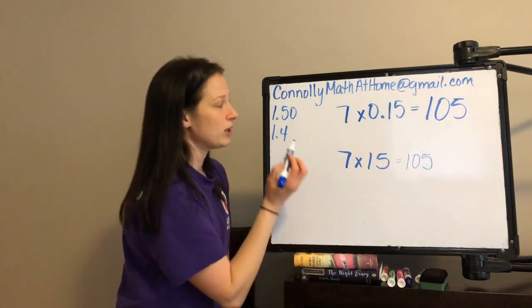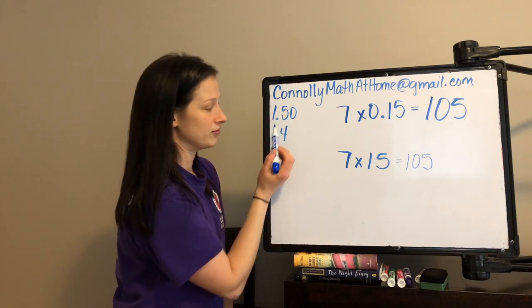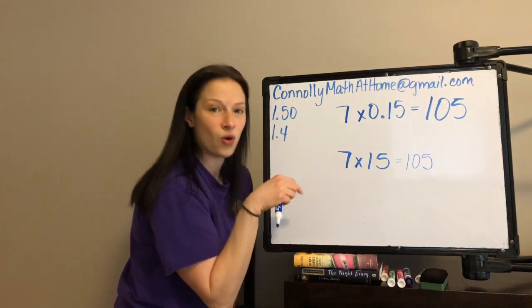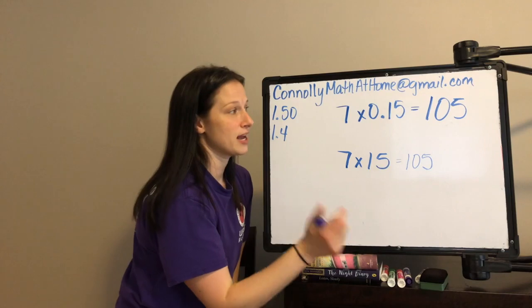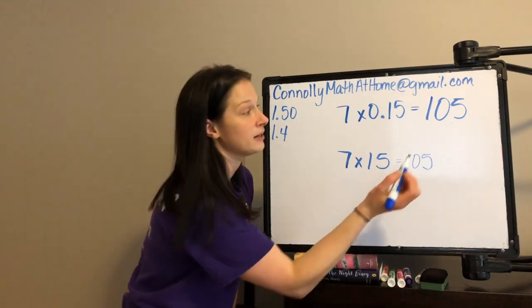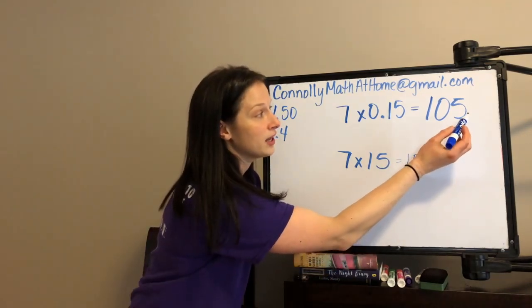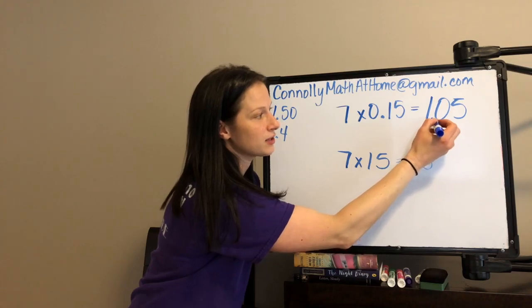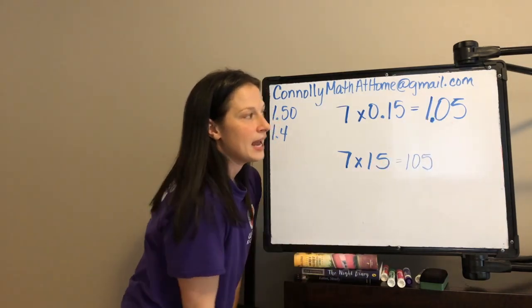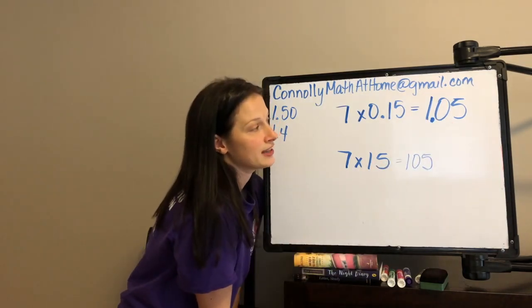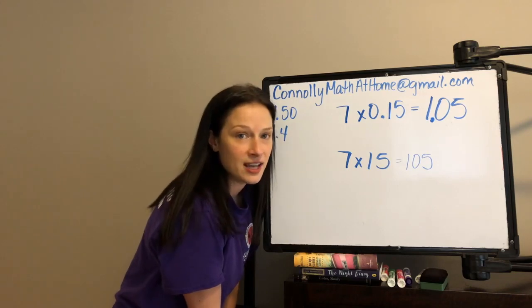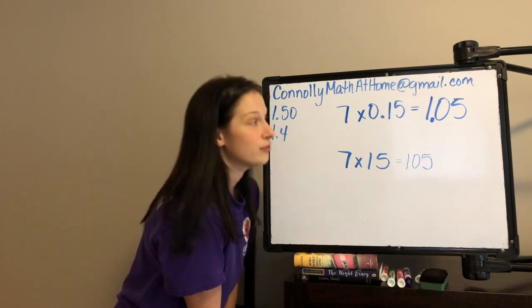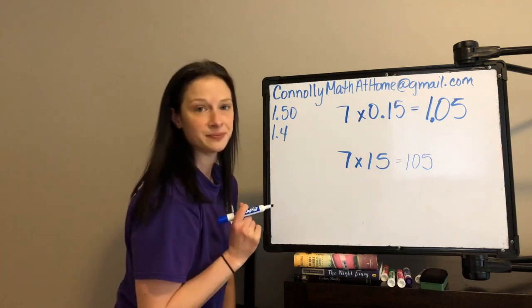All right, we want something that is 1 and 50 hundredths, 1 and 4 tenths, or lower, because we know we rounded up when we estimated. Sorry. So we are going to see if the decimal works there. And I'm wondering if you think that 1 and 5 hundredths is a reasonable answer for this situation.